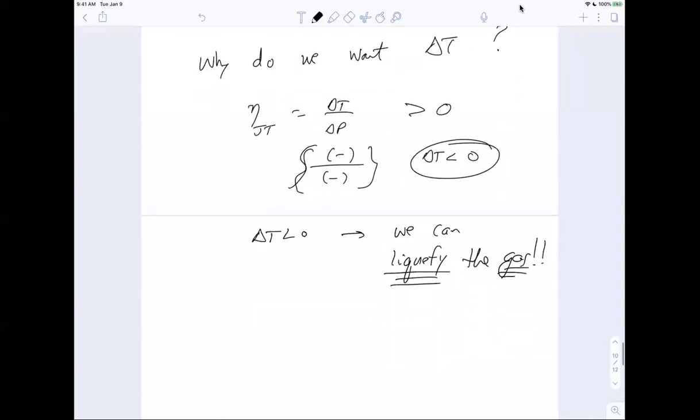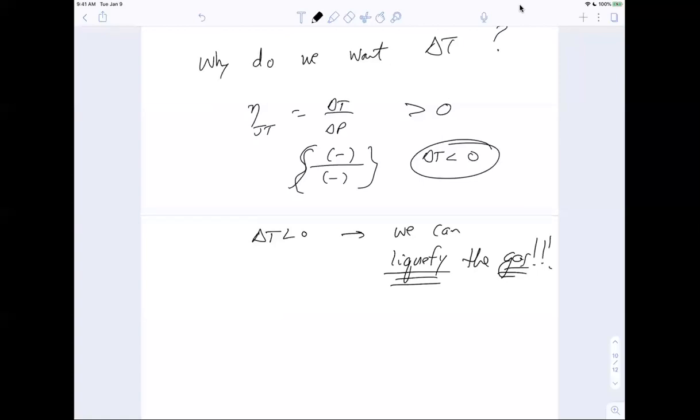This is the practical use of the whole Joule-Thomson process. It's a way to take a gas and push it through a conduit with this porous material, which is an obstruction that leads to a pressure difference, in this case a lowering of the pressure. Depending on the material, if the Joule-Thomson coefficient is positive, you will have a concomitant reduction in the temperature of your gas. And that's going to liquefy the gas, depending on what regime you are working in.